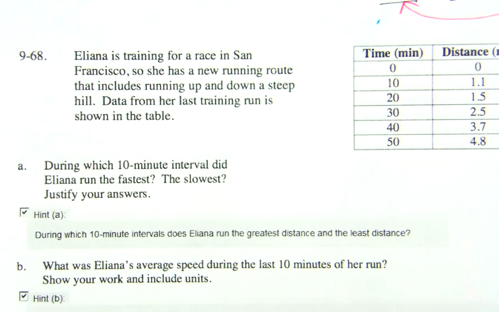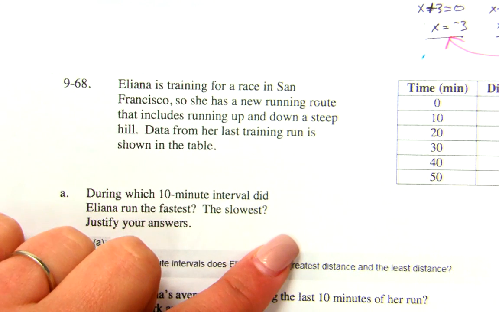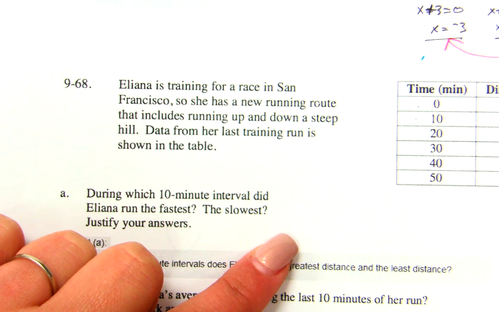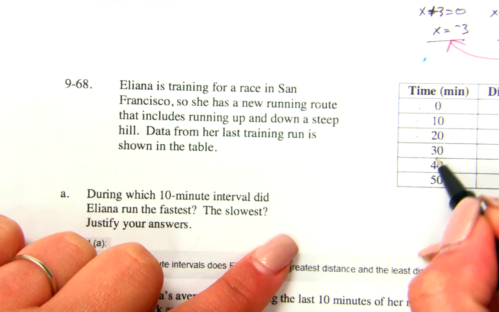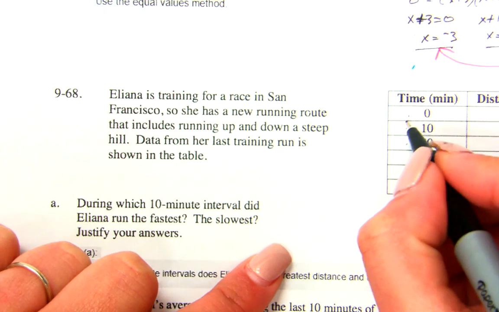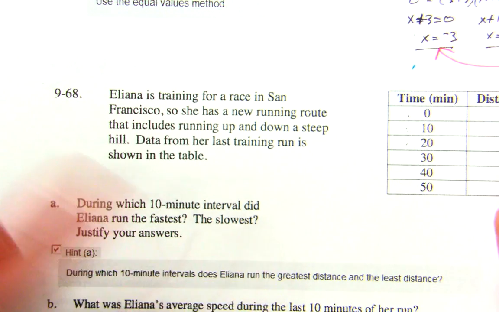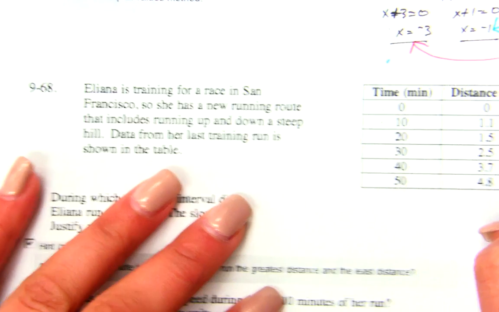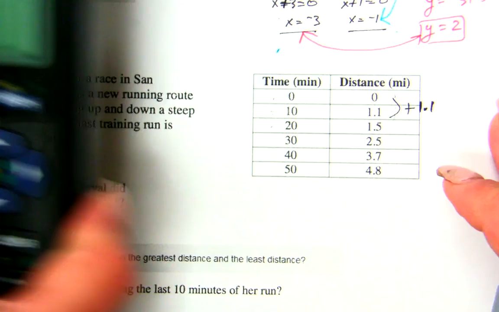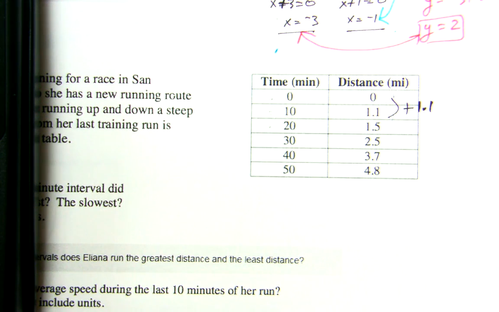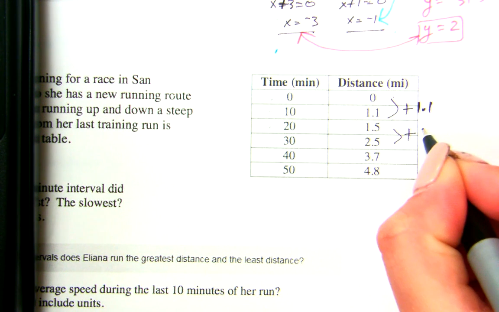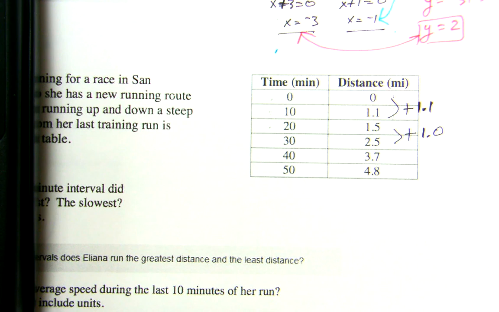But if you didn't want to do any thinking, what you need to do is figure out the difference between 0 and 10, what was her mileage increase? Between 10 and 20, what was her mileage increase? And so on and so forth. Between 0 and 10, she increased by 1.1 miles. Between 20 and 30, 2.5 minus 1.5 is an increase of 1.0.